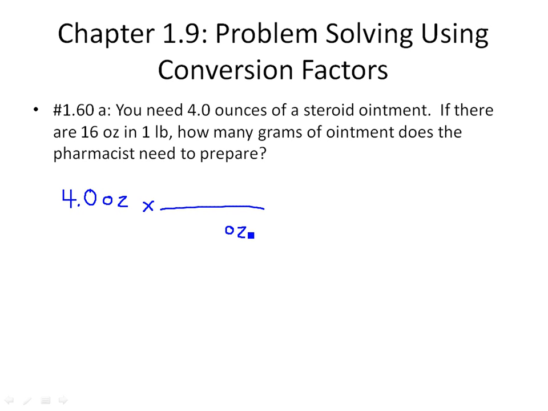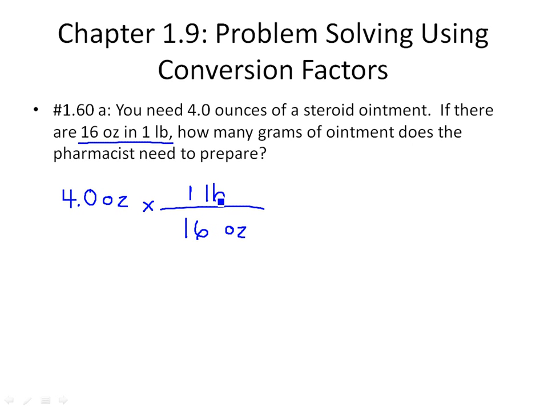Basically you have to come up with your path: how are you going to get from ounces to grams? You look at your conversion factors list and see that here I'm given a way to get from ounces to pounds. So we're going to use that. We have 16 ounces in 1 pound.